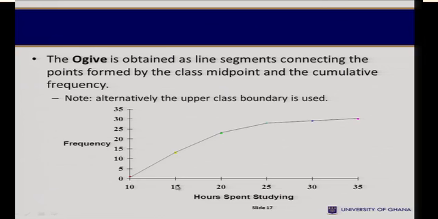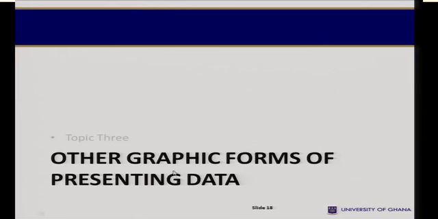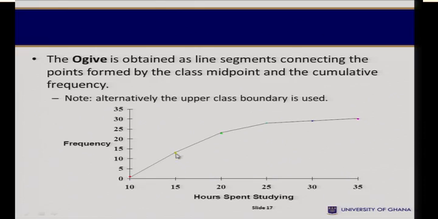The midpoint for the first class is 10, and we had only one person, so this is your 1. The midpoint for the second class is 15, and we had 12, but the cumulative is 13, so this represents 13. This represents 23, and so on.